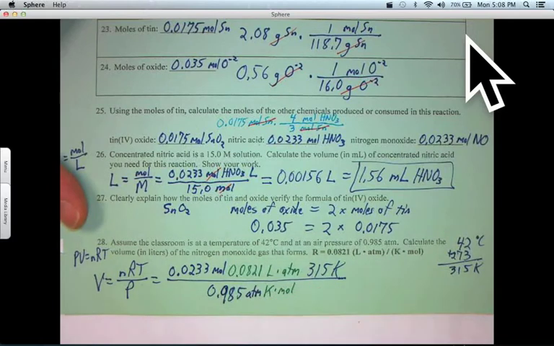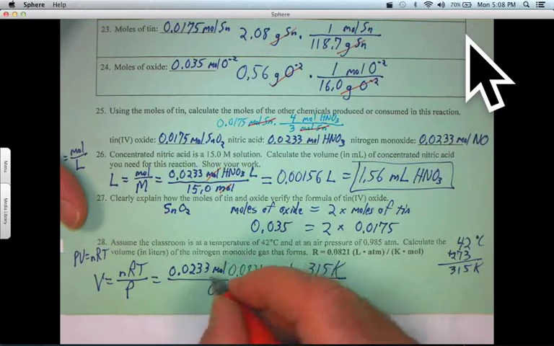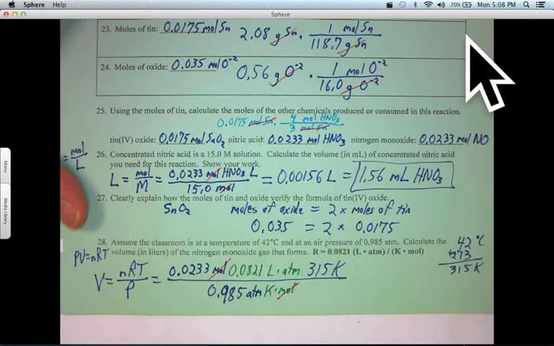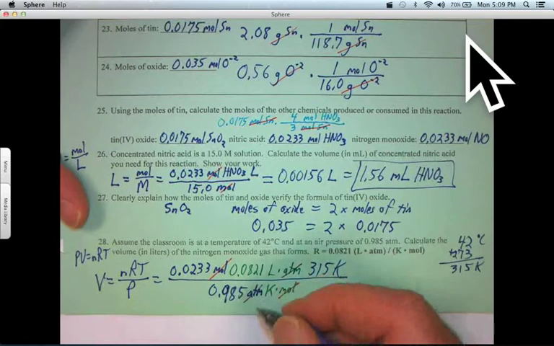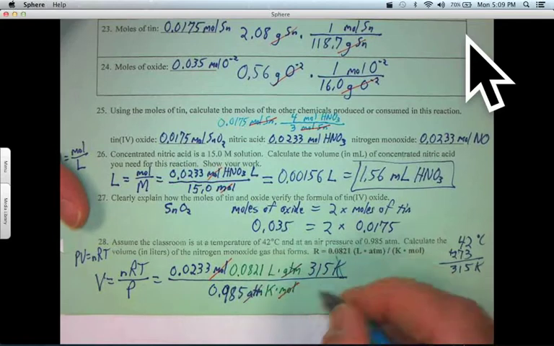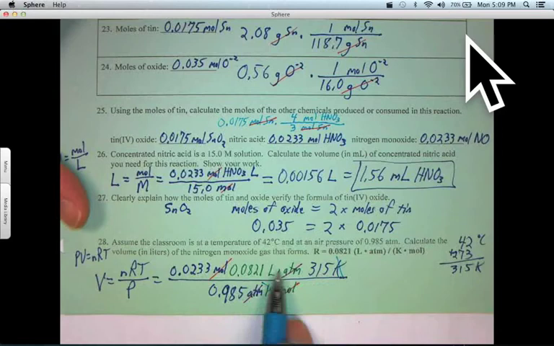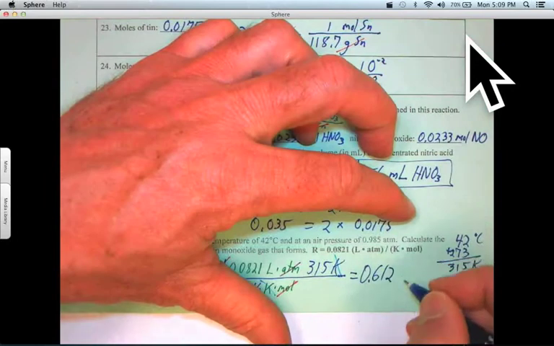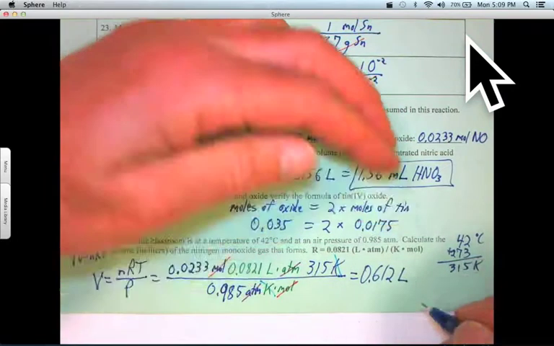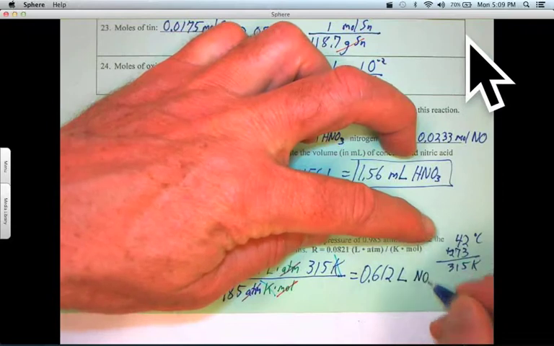Now we show some cancellations. Moles cancels moles. Let's use a different color. I like using different colors. ATM cancels ATM. And Kelvin cancels Kelvin. We're left with liters. Great, that's what it asked for. We do the math, and we get an answer of 0.612 liters of nitrogen monoxide.